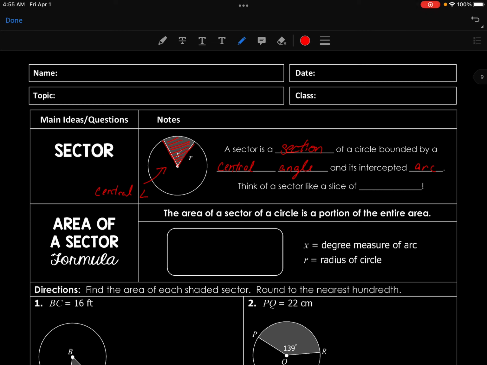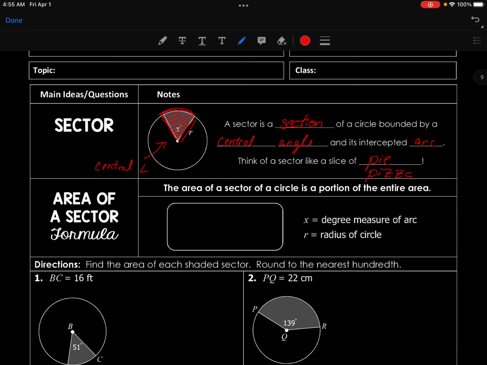So this shaded section is intercepted by the angle shown here and this arc. Think of a sector like a slice of pie or pizza. Doesn't really matter.